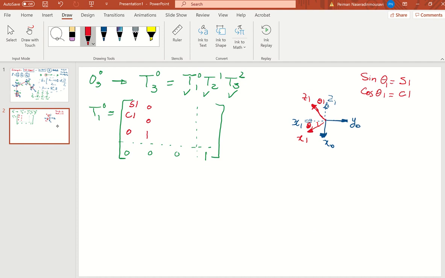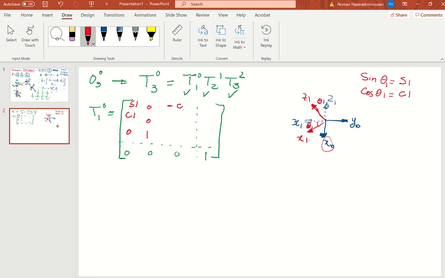Z1 projection on the x naught is going to be minus sine, minus cosine theta 1 in the negative direction.